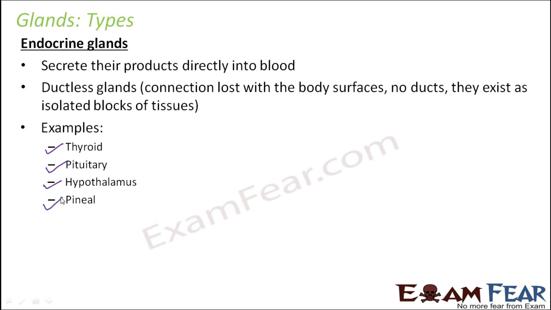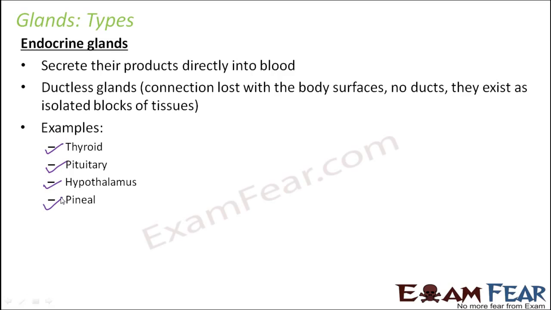We talked about the endocrine system in our class 10th. There we saw the function of each of the endocrine glands, which together form the endocrine system, and they play a very important role in the control and coordination system of our body.